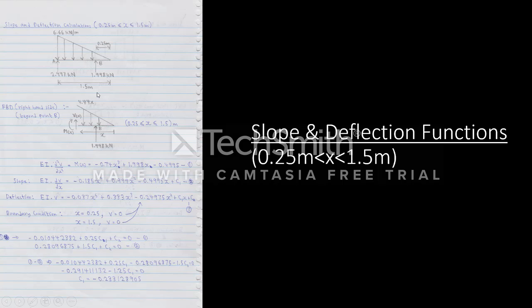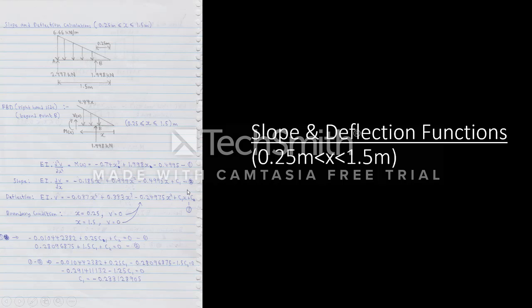Thereafter, I derived the functions of the slope and deflection equations. At first, I did it for the range of 0.25 to 1.5 meters. I used integration of the bending moment function and found first the slope and thereafter the deflection equation.